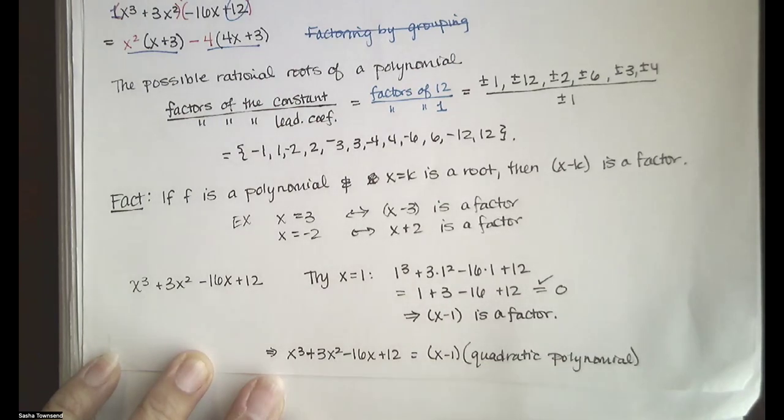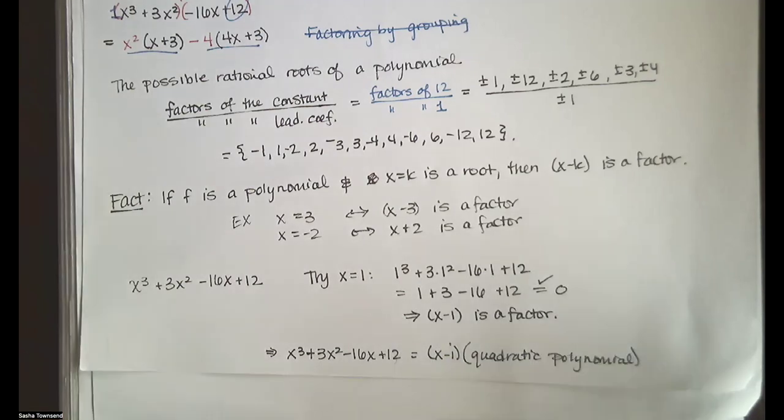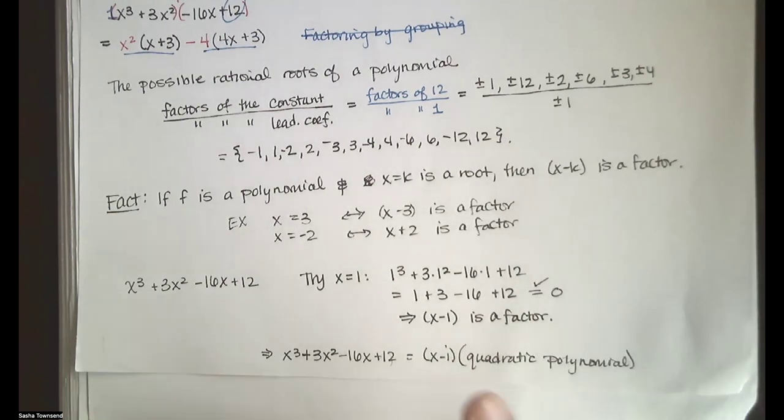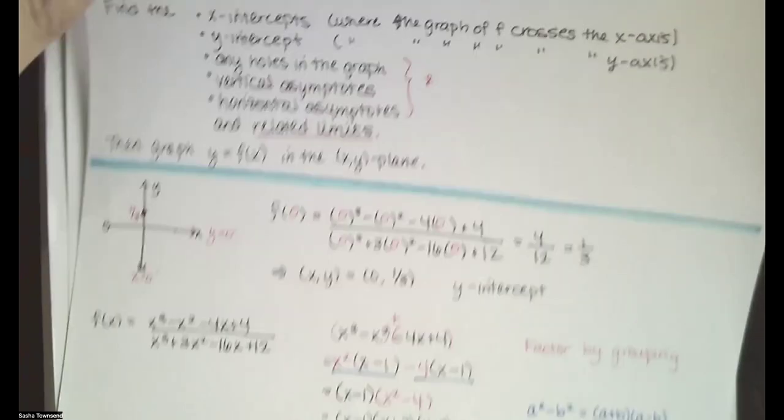So it's going to be ax squared plus bx plus c. To find that quadratic polynomial, we just have to take this polynomial and divide by x minus 1. And there are a couple of ways we could do that. We could use long division, or we could use what's called synthetic division. I think I want to use synthetic division.